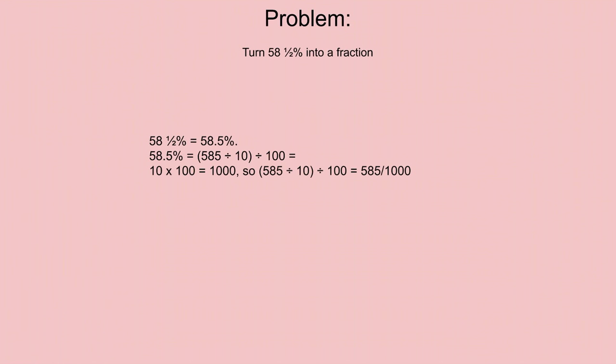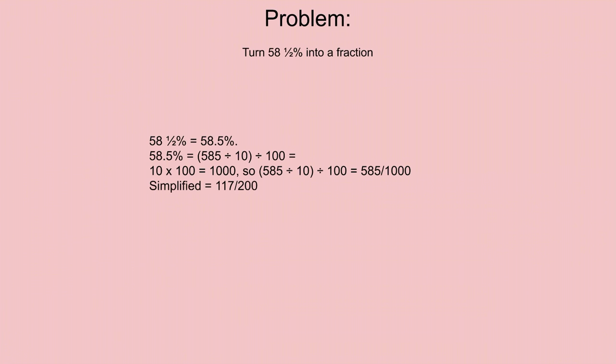It's kind of like when you have negatives, because if you have a negative times a negative, then you get a positive. So that means we have 585 divided by 1,000. And then what we do is simplify it, so it becomes 117 over 200.